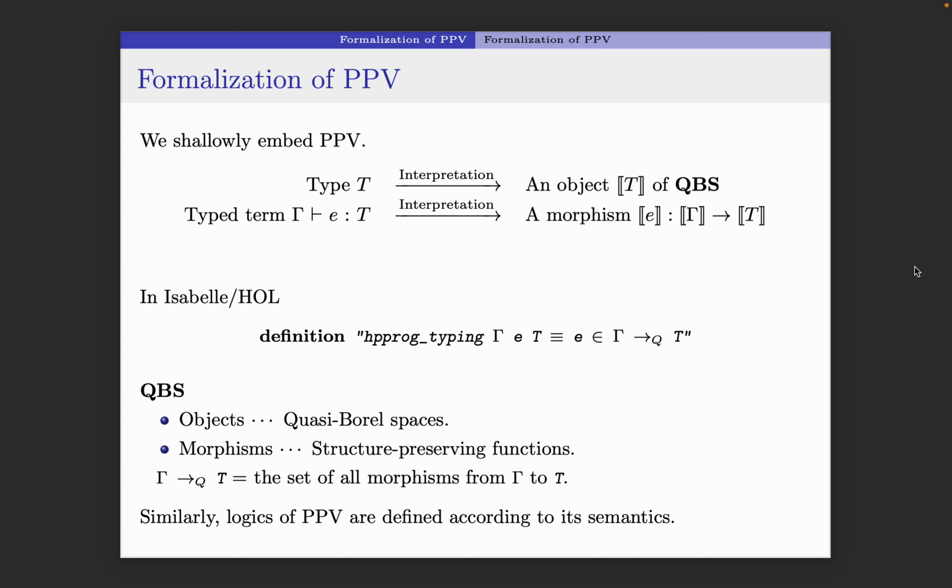And a typed term is interpreted as a morphism from its context to its type. In Isabelle HOL, we implement the typing context as follows according to its semantics. That is, E is a morphism from gamma to T.